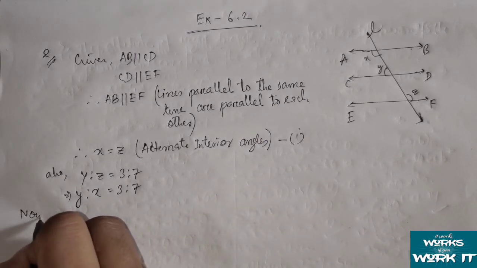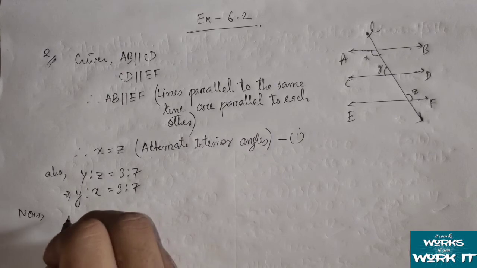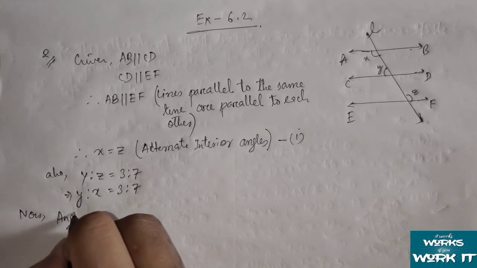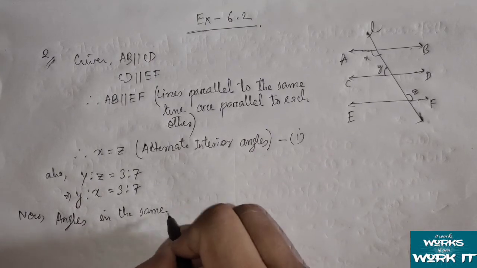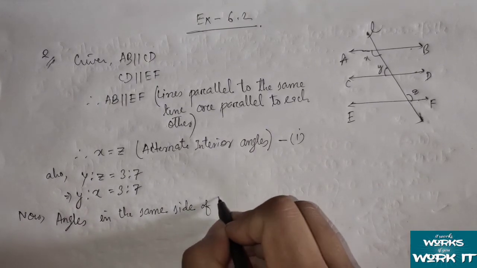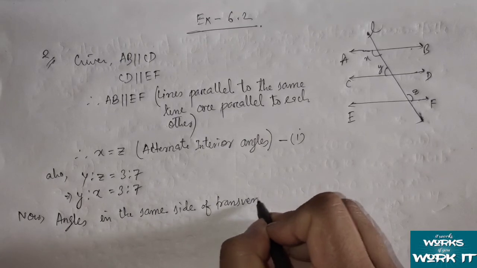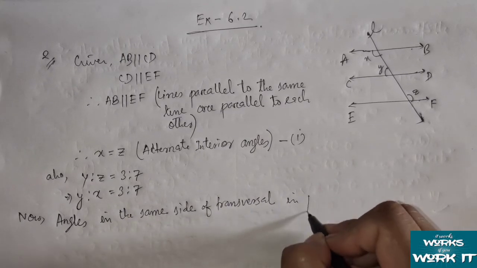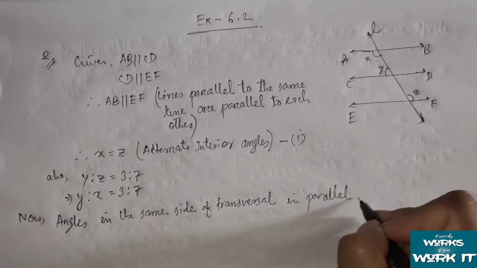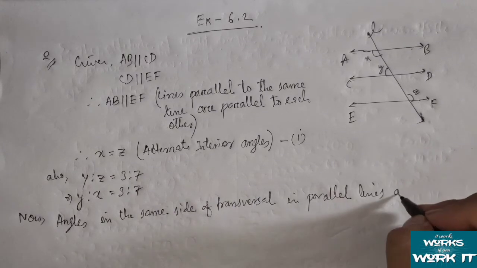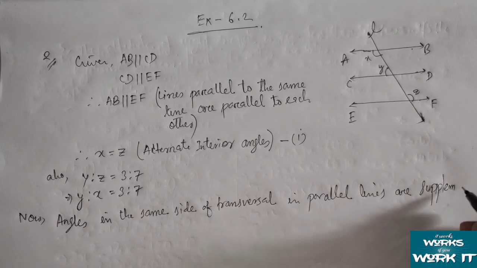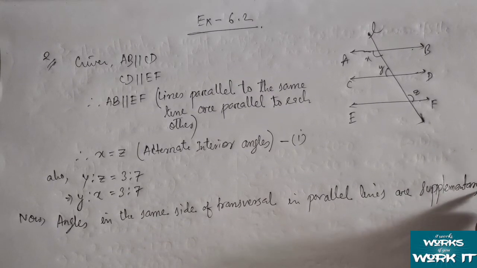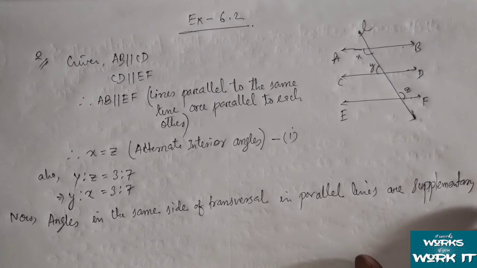Now we will use the property that angles on the same side of the transversal in parallel lines are supplementary.